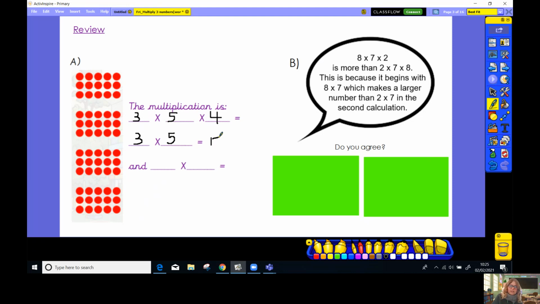That's right, it's 15. Now I've got 4 groups of 15. I know that 2 groups of 15 would equal 30, and then another 2 groups of 15 would equal another 30. And so 15 times 4, or 30 times 2, would equal 60. So I have in total 60 counters.